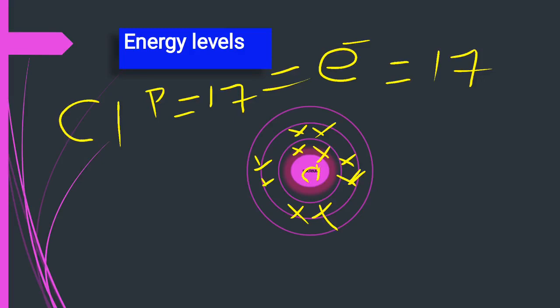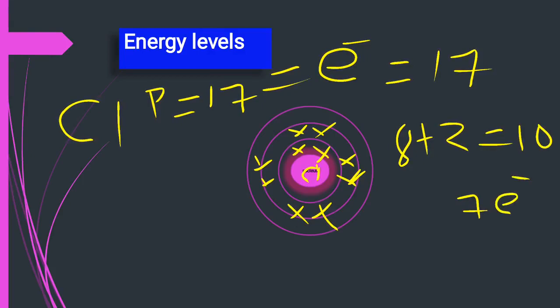Those are 8 electrons, and therefore we are left with how many? So 8 plus 2, that is 10. So 17 minus 10, we have 7. So we have 7 more electrons, and those electrons will of course now get to our last energy level.